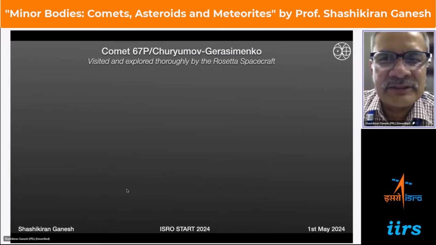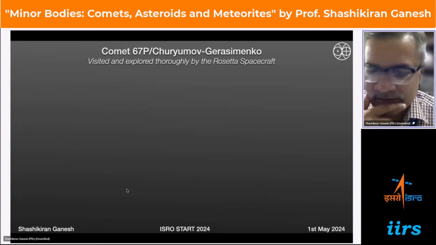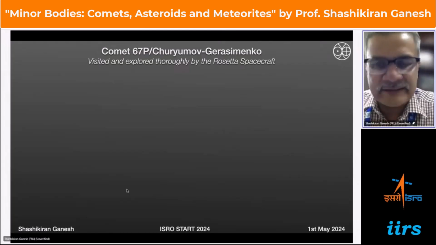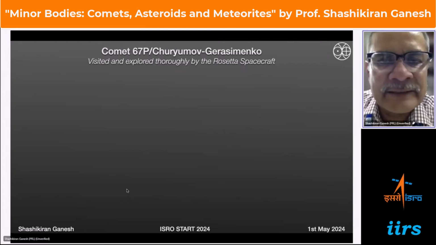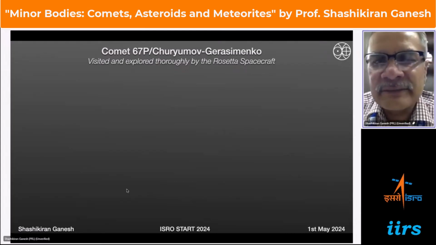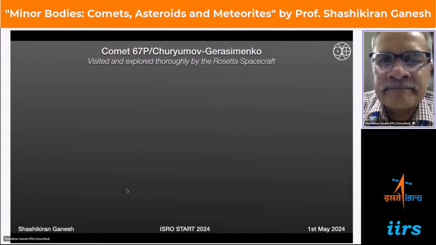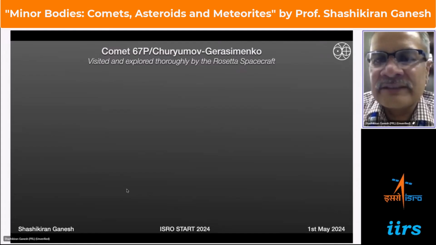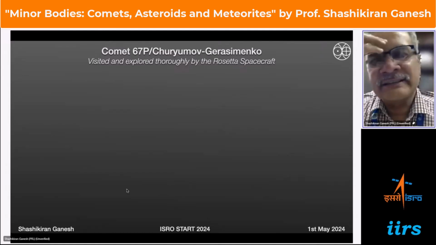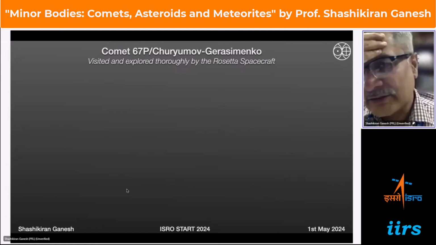Now, getting back to comets. We'll just visually look at some of the very interesting comets which have been visited by spacecraft, as well as which have interesting images and science related to them. Comet 67P was discovered by the Russian duo of Churyumov and Gerasimenko, and this was visited by an ESA spacecraft called Rosetta.